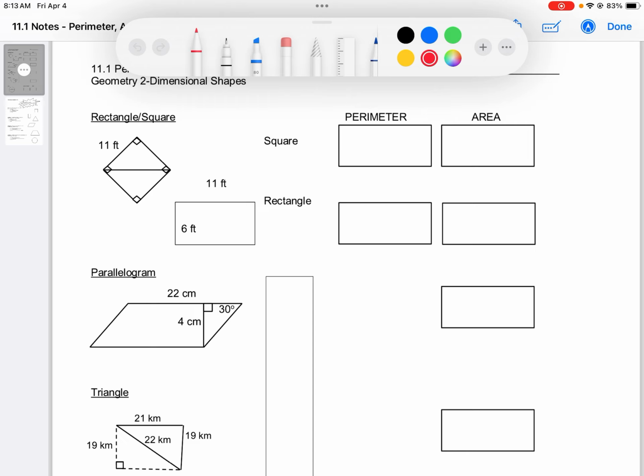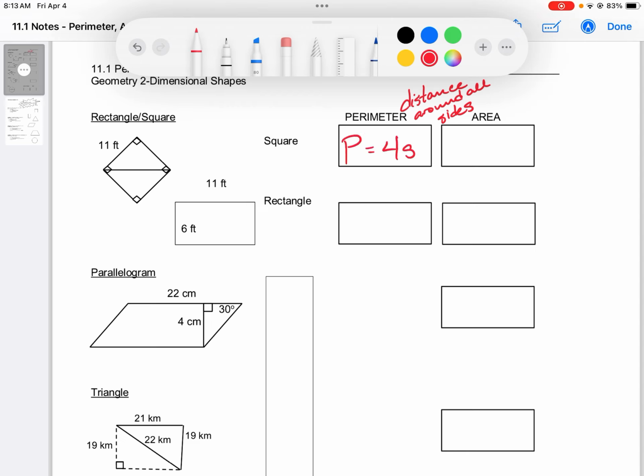So starting off with a square. You know the perimeter is the distance around all sides. And so we have to have a formula or an equation that ends up adding all of the sides.